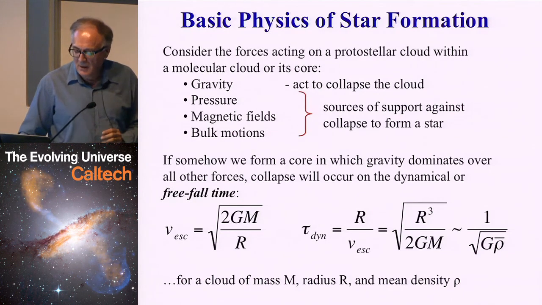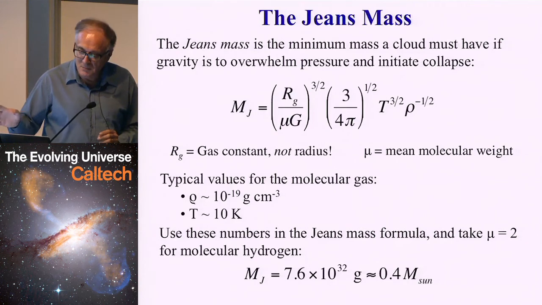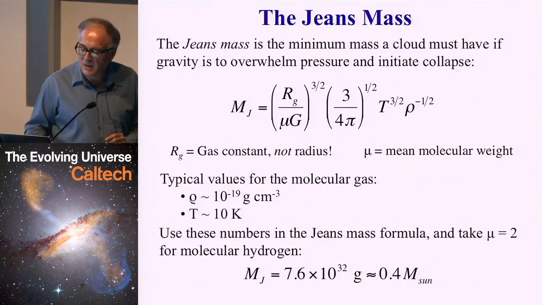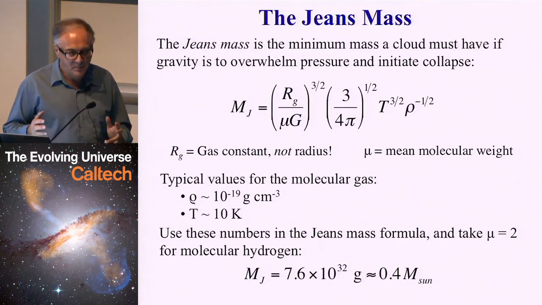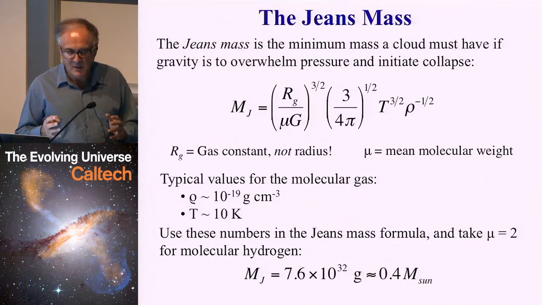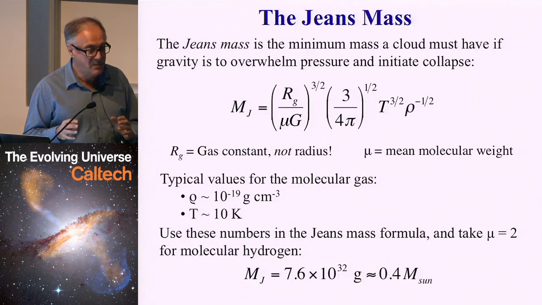Okay? Now, the other concept that's important here is the so-called Jeans mass. Deriving the formula is beyond the scope of this class, but the physics is simple. You have thermal pressure that balances the pull of gravity. What is the minimum mass that will push this over and make the cloud collapse?